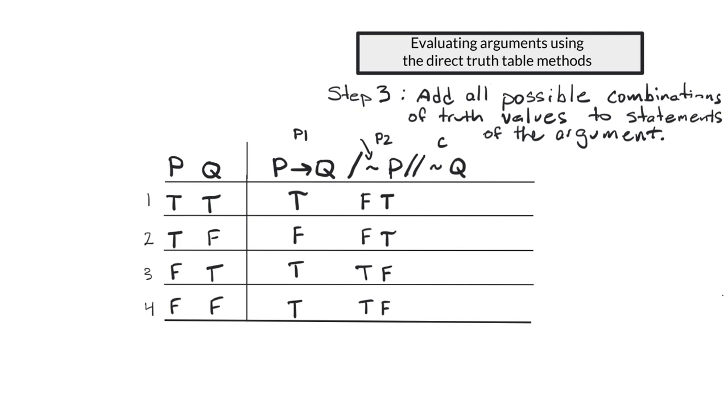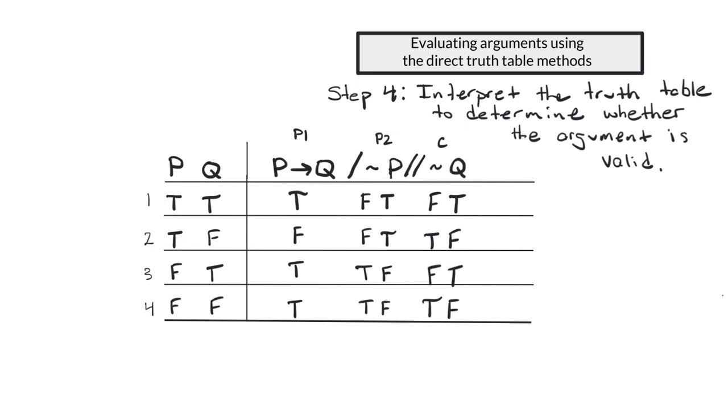So Q is true on row 1, false row 2, true row 3, false row 4. But the main operator is the tilde. So we flip it: false, true, false, true. So here's where things can be a little bit tricky in our next step.